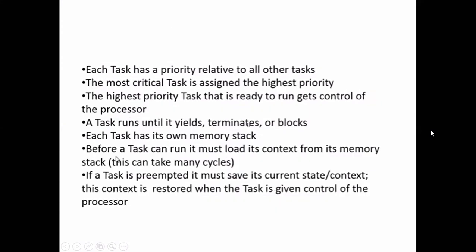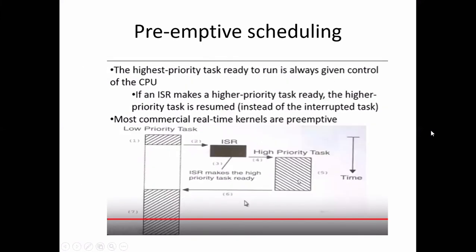A task runs until it yields. This will be active. Now the higher priority task will be running, and at that time the low priority task will be inactive. When the higher priority task finishes, it will jump back to the low priority task.